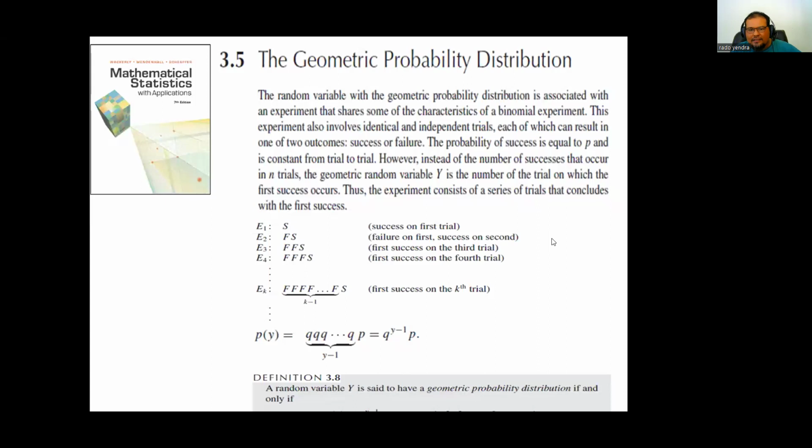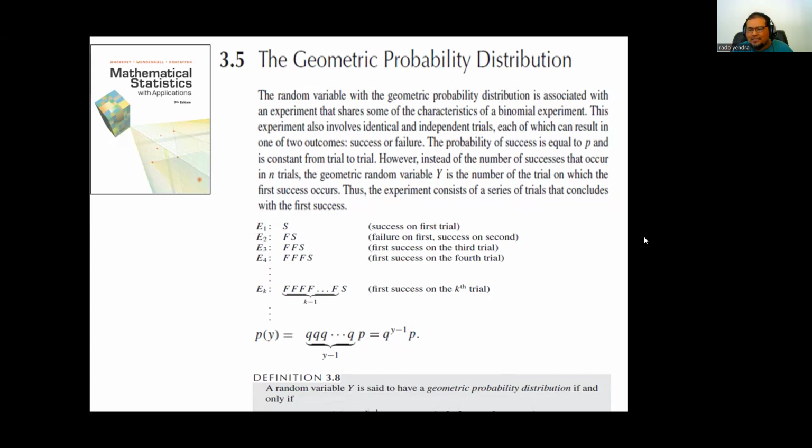According to this book, all the properties of the binomial distribution can be used for the geometric probability distribution. We have known that the binomial distribution is based on 5 properties.